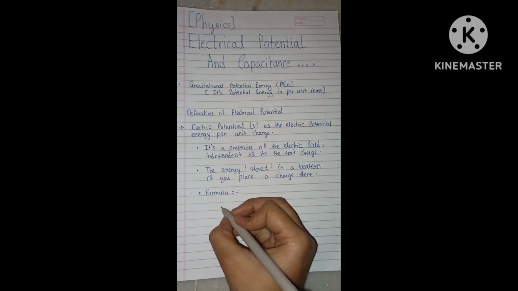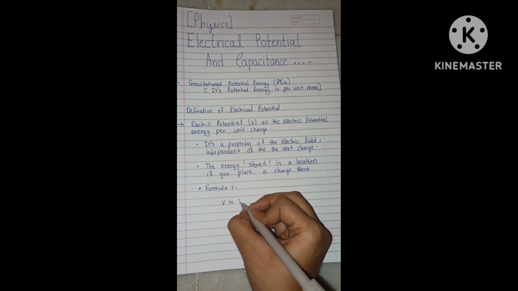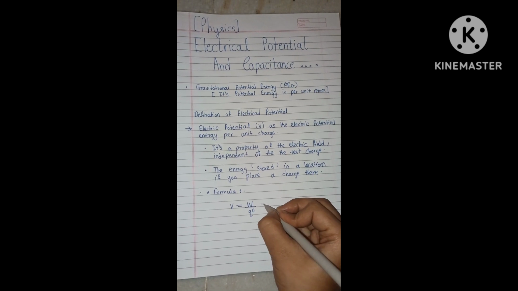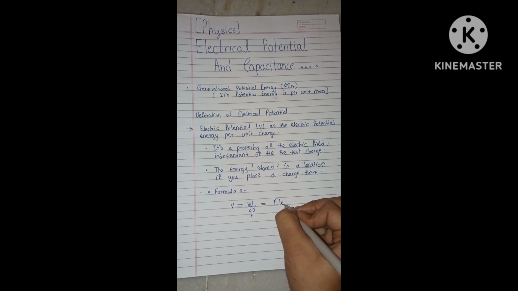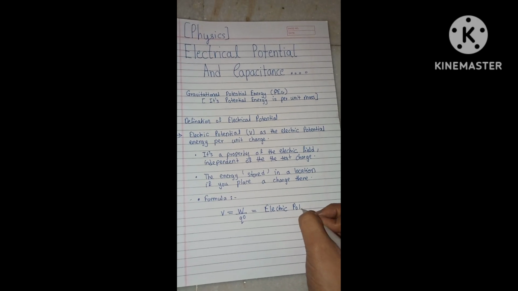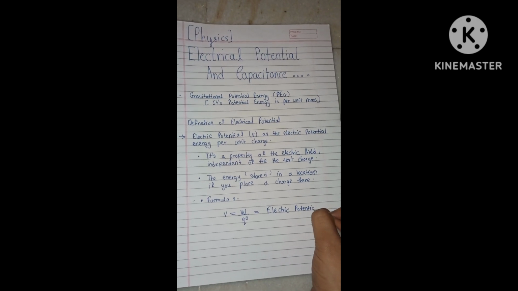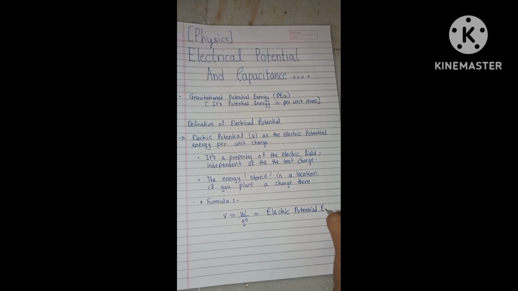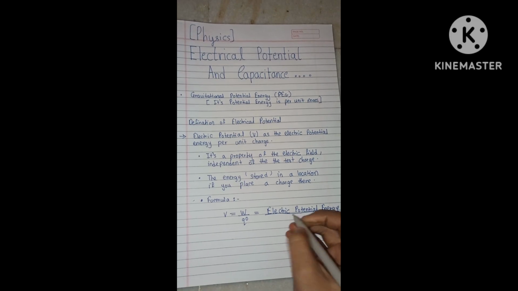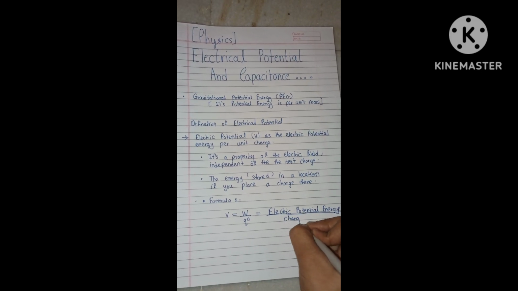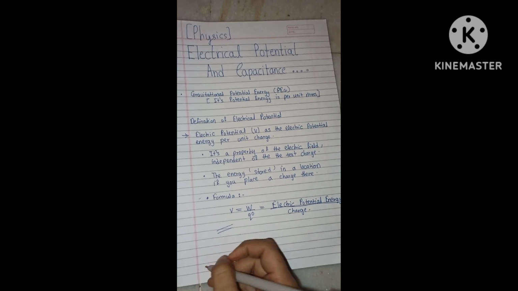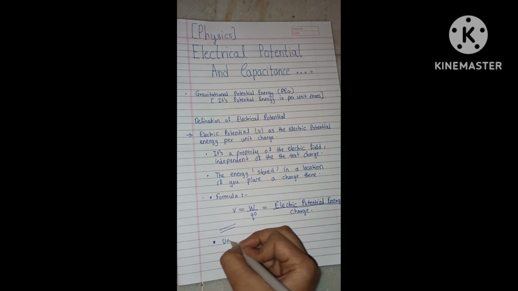So the formula is electrical potential energy by charge, and this is important. Okay, now we will study their units.